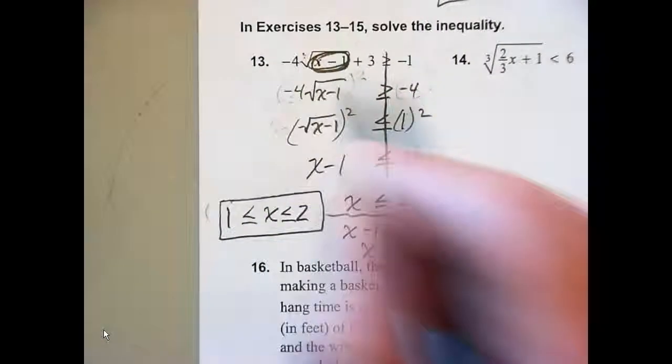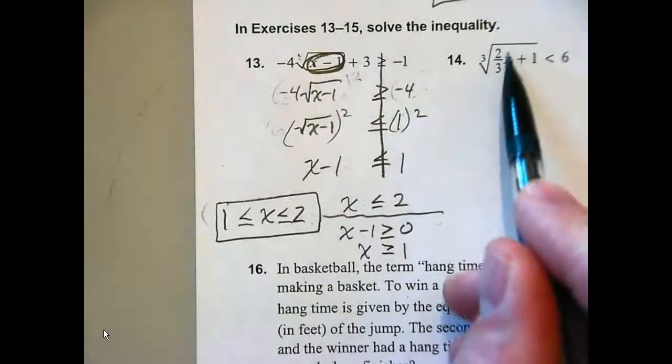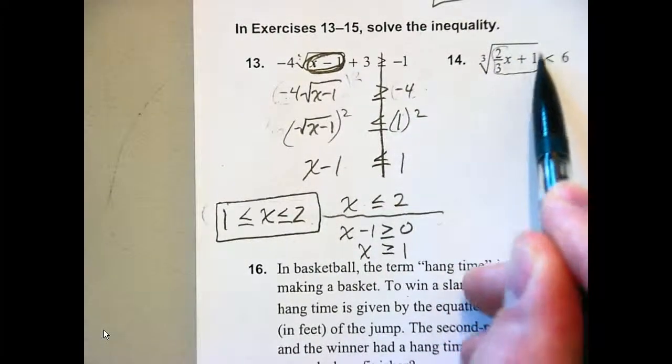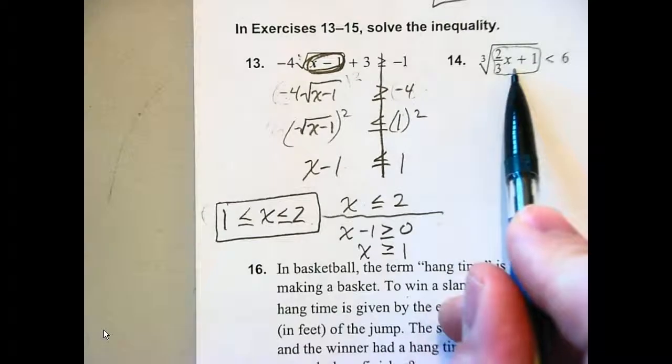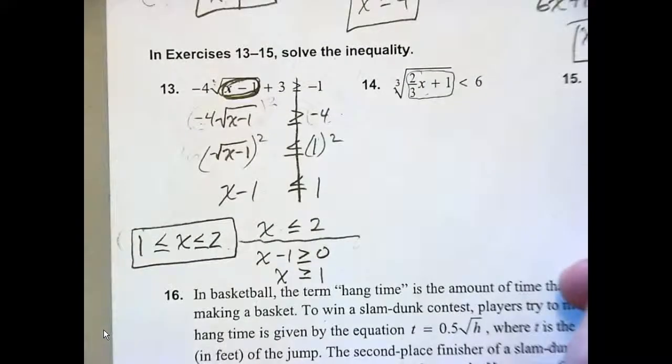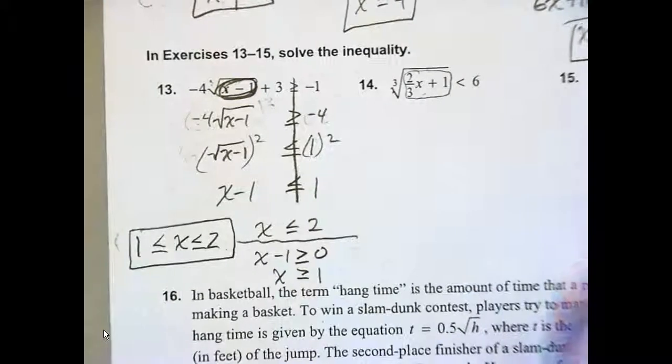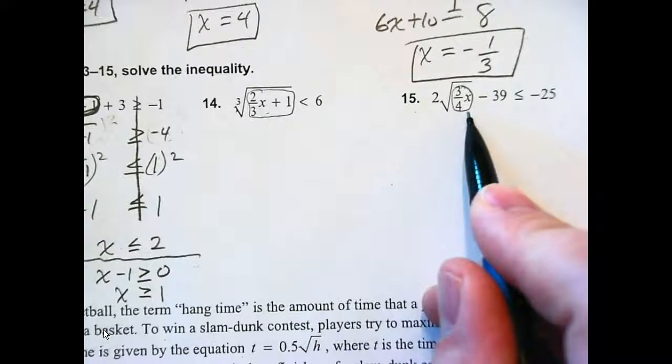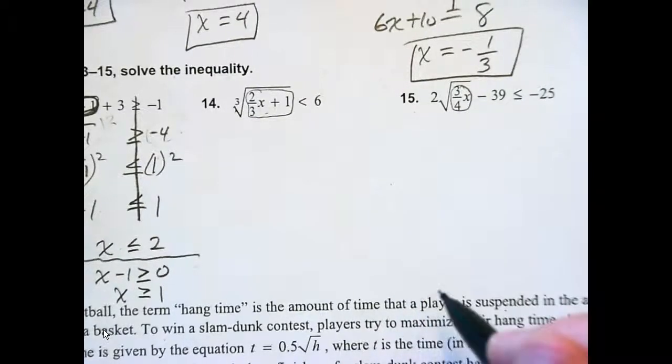If it's an odd root, it can be a negative in there. So am I going to have to consider it here? No, it's an odd root. Am I going to have to consider it here? Yes. How come? Because it's an even root.